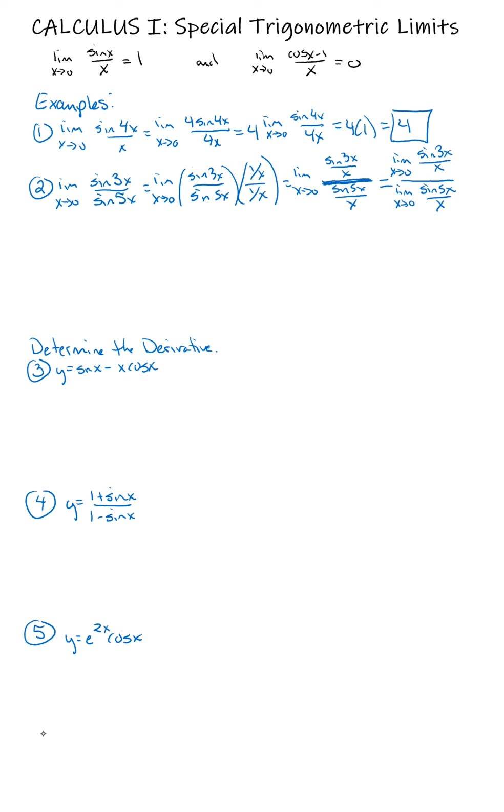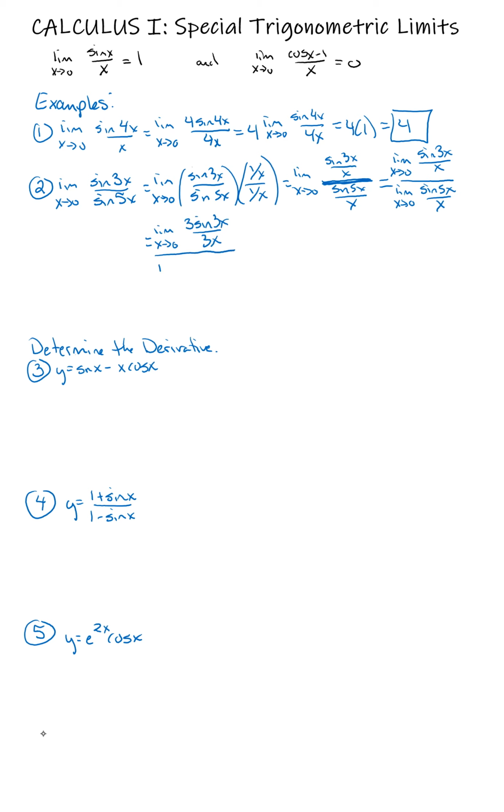And now each of those, the numerator and the denominator, look very much like example 1 here. So in the numerator, I will multiply that by a 1, and that gives us 3 sine of 3x over 3x. Notice the 1 there is 3 over 3.